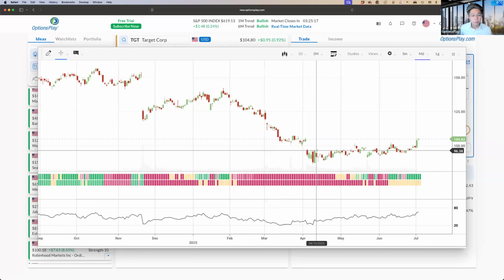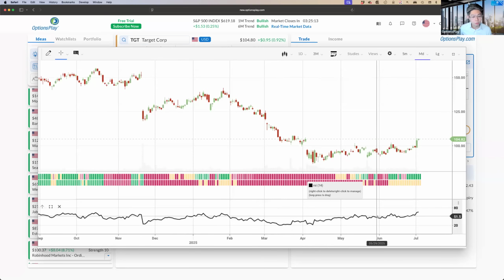Okay, so that's an example. This bottom indicator is RSI, just a standard 14-period RSI. So when you're looking for divergence, you can just use a standard period RSI to do that divergence work.